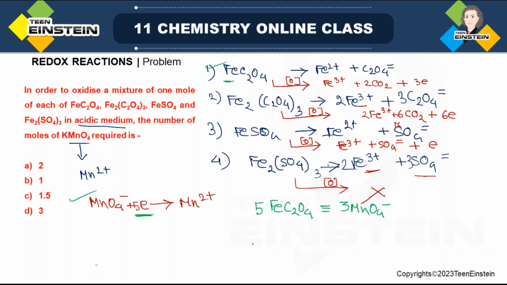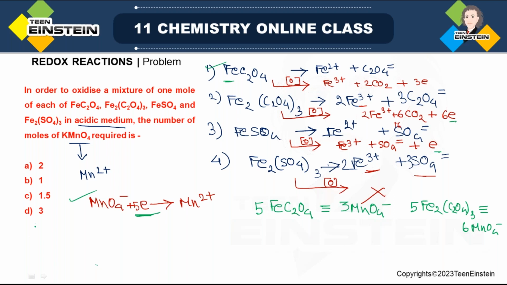Now the same logic if you apply for the second reaction and the other reaction also, you will see it will be 6 electrons, it is 5 electrons. That means it should be 5 Fe2(C2O4)3, that is basically equivalent to 6 MnO4 minus. And for the third equation, it will be only 1 electron.